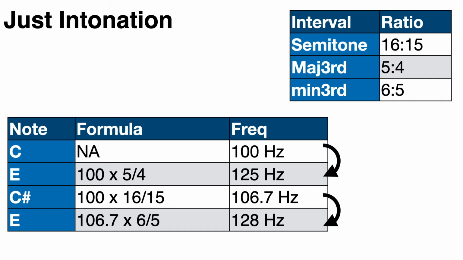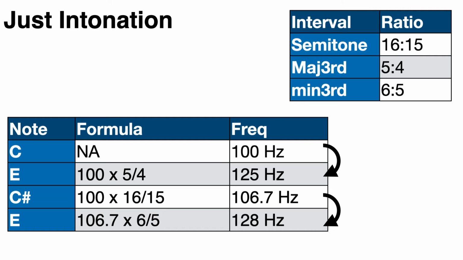In this tuning system, a single note will have a different frequency depending on what key you're playing in. For example, let's again take the note C to equal 100 Hz. Then the note E, which is a major third above our C, will equal 125 Hz. And the note C sharp, which is a semitone above C, will equal 106.7 Hz.